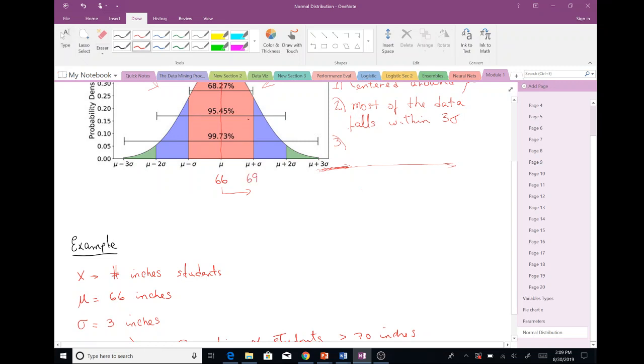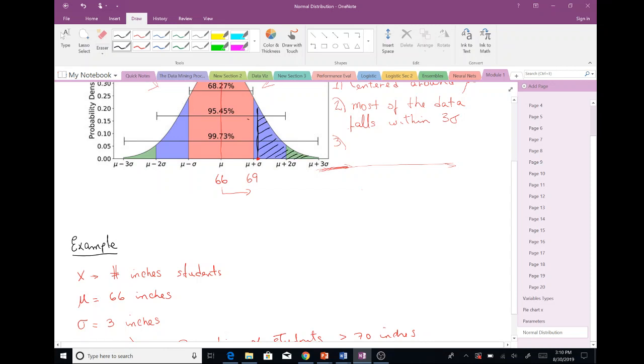So it would be right here. What is the probability that a given student is that or more? So we're saying at least that. In this graph, we want anything above 70.